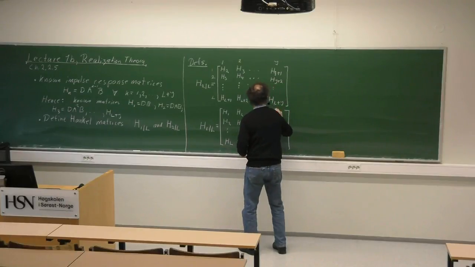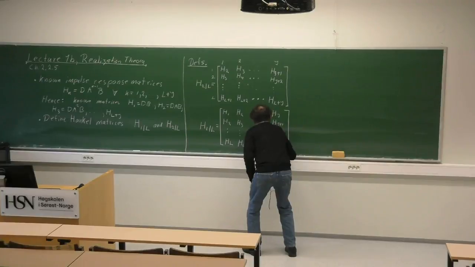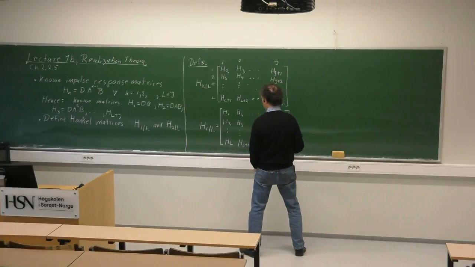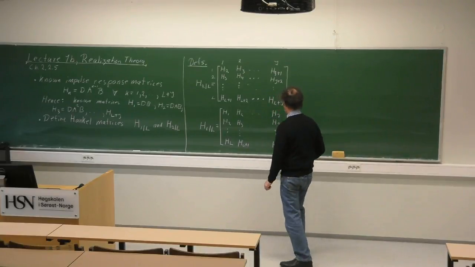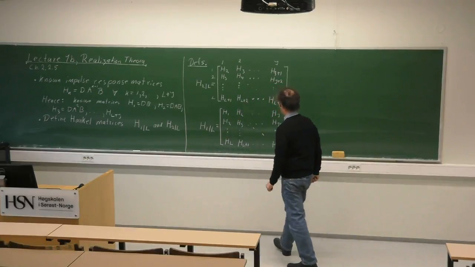We here then have H_J, H_{J+1}, dot dot dot, down to, in the lower right corner, the matrix H_{L+J-1}. Like this.